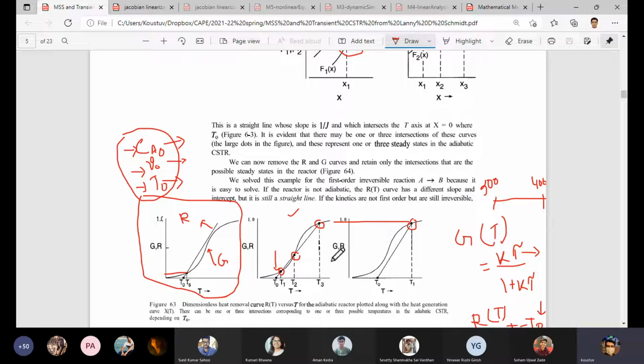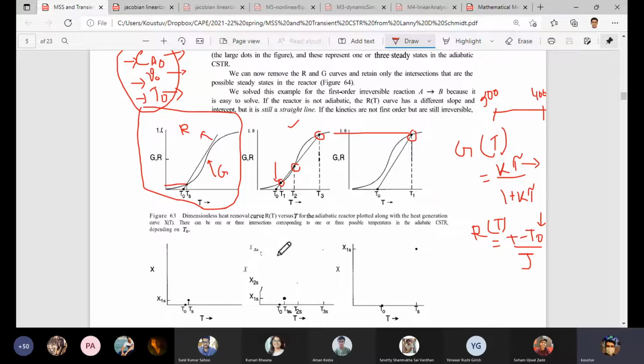So it was clear to us that it may cut at 1 point or at 3 points. If it cuts at 3 points, then not all the steady states are stable. And we discussed graphical solutions, just moving around the curve a little bit in the vicinity of the steady state values, if we want to increase or decrease the temperature. So graphical analysis was done based on movement along the curves, and we found that some steady states are stable, some are unstable.